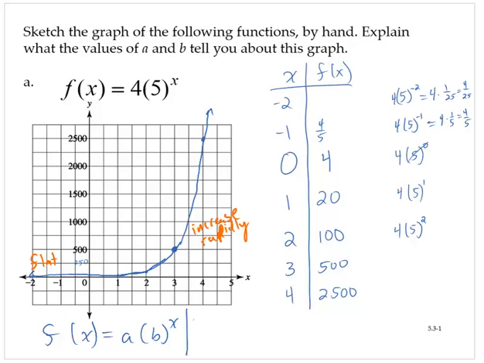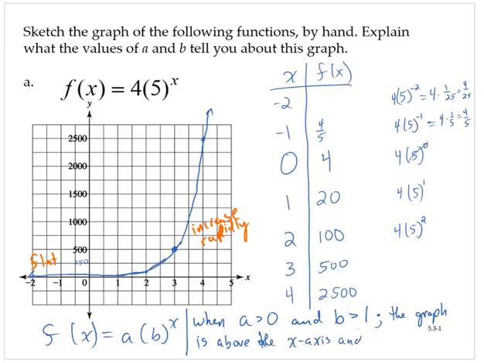So when a is greater than 0 and b is greater than 1, the graph is above the x-axis and increases.